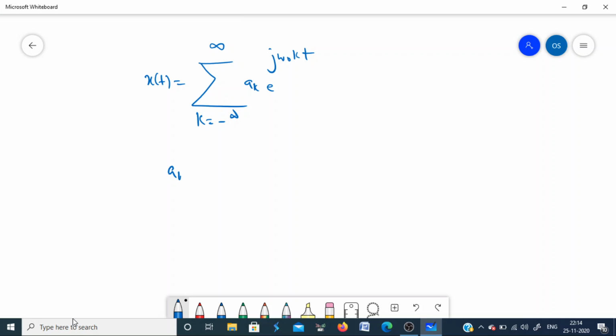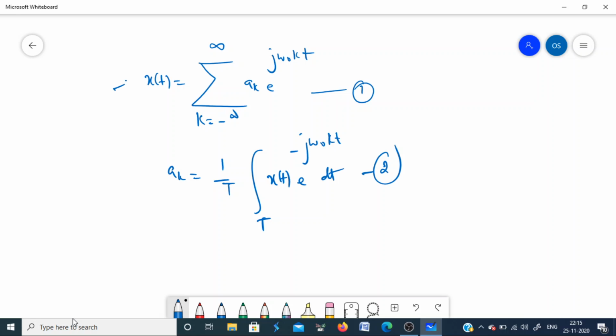And how you find ak from x(t) is given by this equation. You can write integration from 0 to T, or simply integration over one time period of x(t) e raised to power minus j omega naught k t dt. So this is your Fourier series, and these are your Fourier series coefficients.